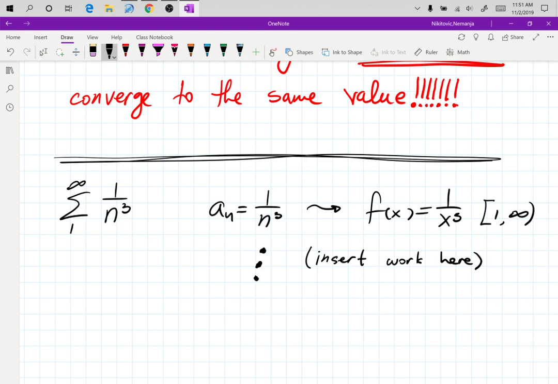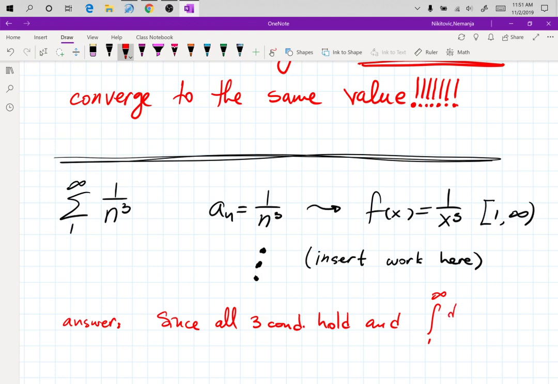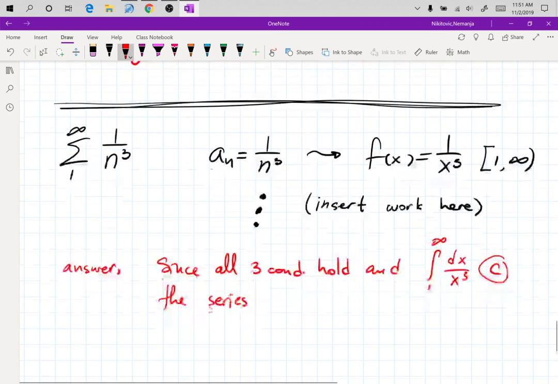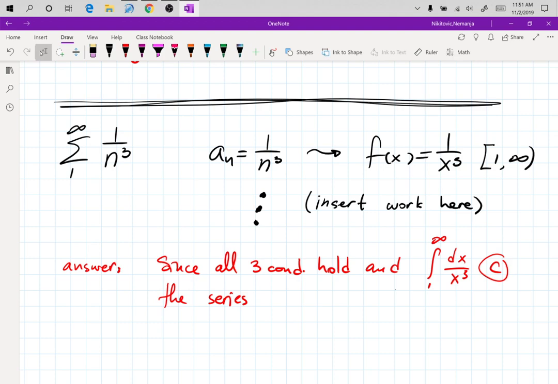And then I'm going to jump directly to answer and say, since all 3 conditions hold and integral 1 to infinity of dx over x cubed converges, the series summation 1 over n cubed from 1 to infinity converges by integral test.